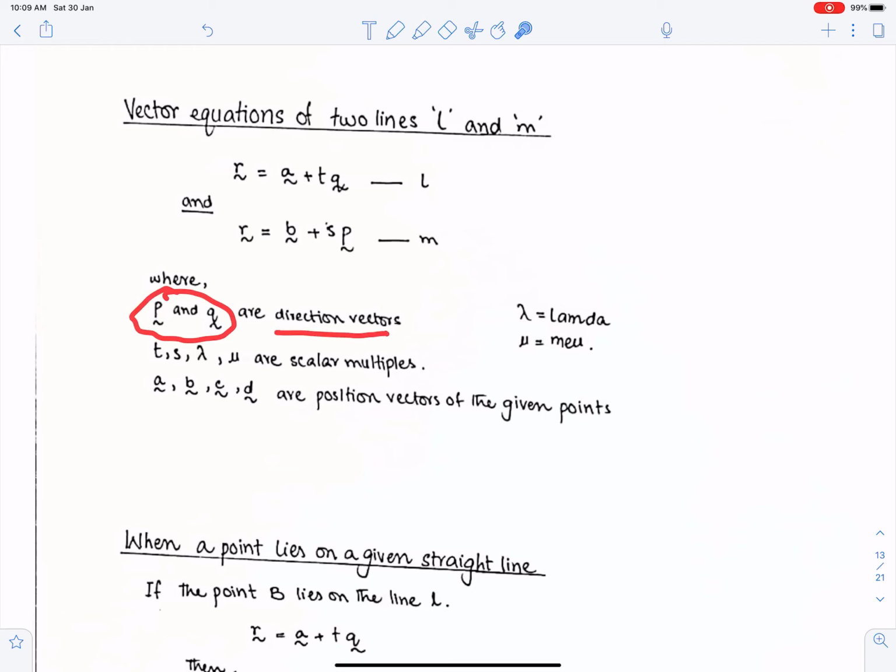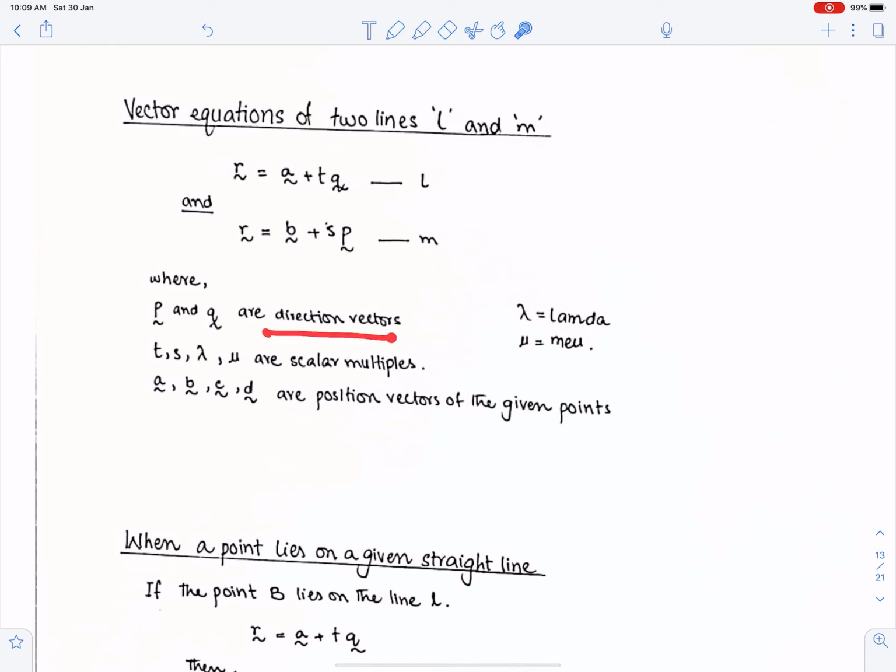That is why we have P here and Q here. Direction vectors are always multiplied by the scalar multiple. This T means scalar multiple, this S means scalar multiple. So this Q means the direction vector of line L, and this P means the direction vector of line M.